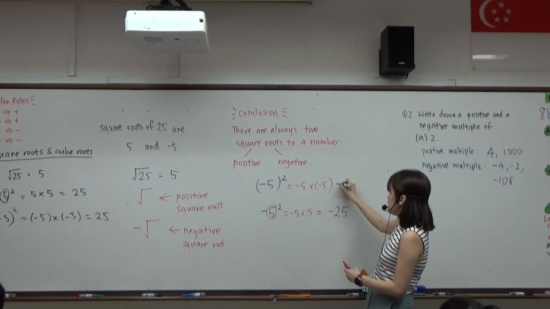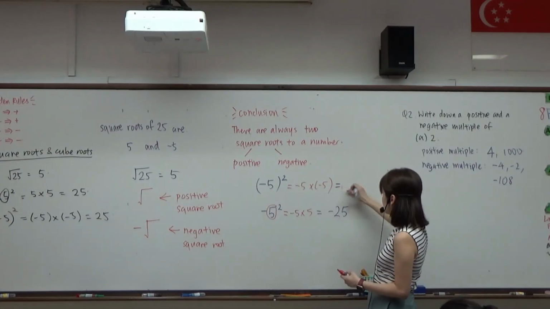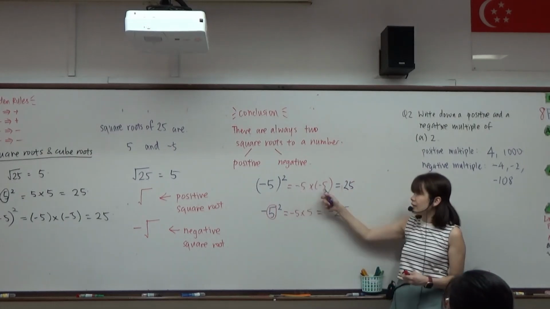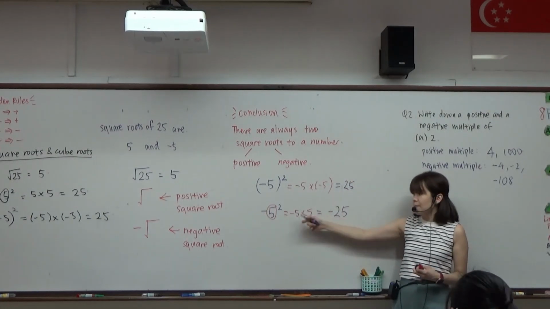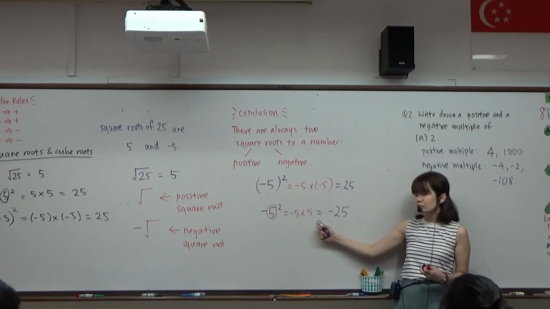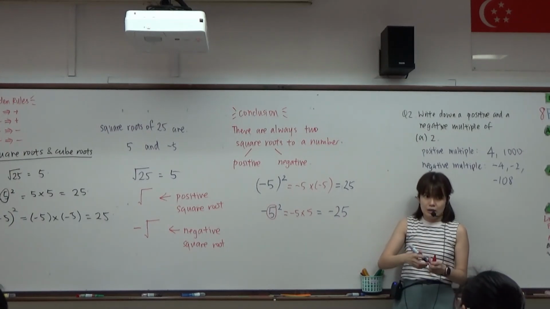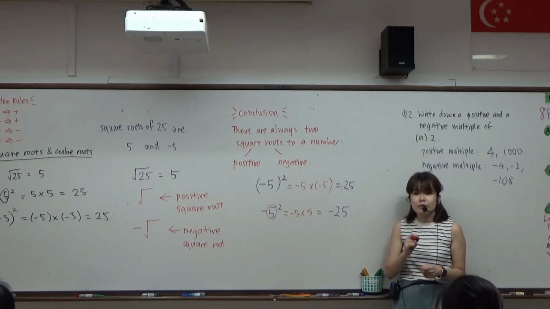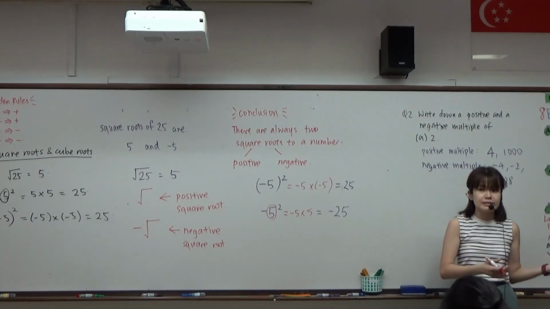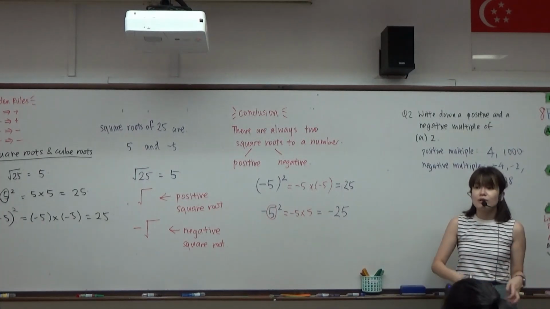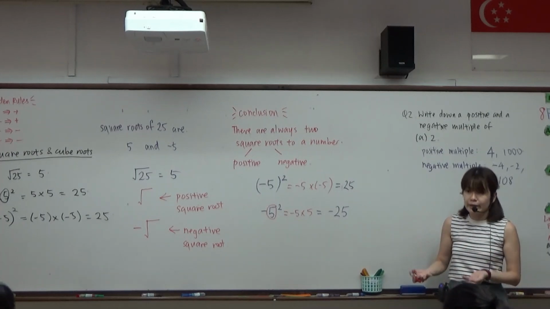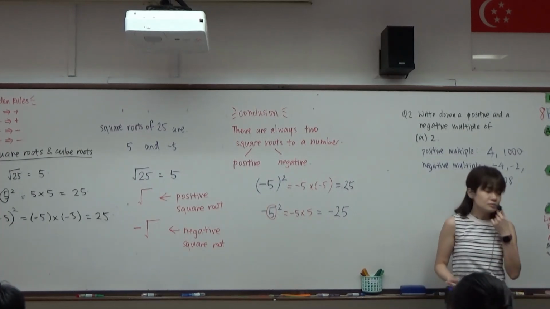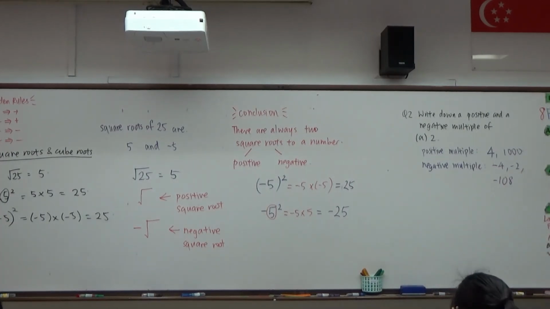And that is 25, because negative and negative gives us positive. But this one is negative and positive gives us negative. So therefore, brackets are very important. If the question never put brackets, then don't put the brackets. If the question put brackets, you must put the brackets.